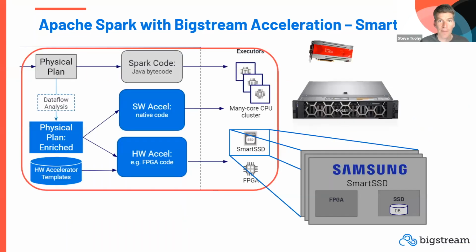Just before I hand this back over to Song, I'm going to show the same view where the SmartSSD is profiled here. Just one last point I want to make on the SmartSSD in particular, at the storage layer. There will typically be multiple SmartSSDs in the cluster. And so the data will be partitioned across those.